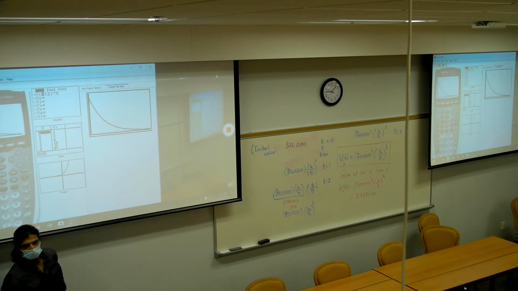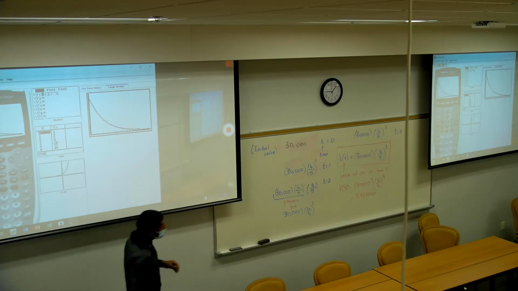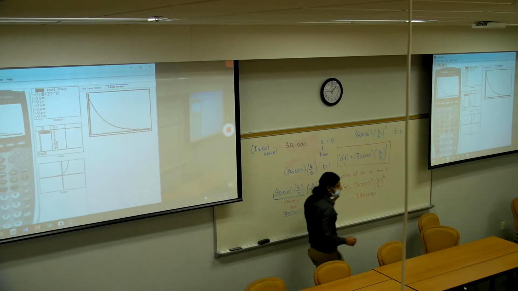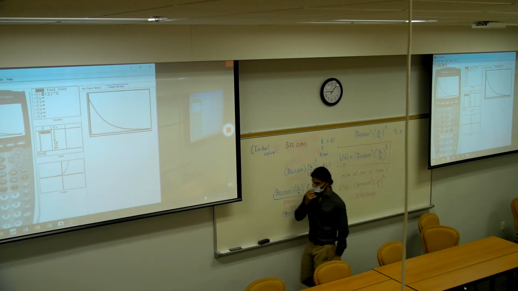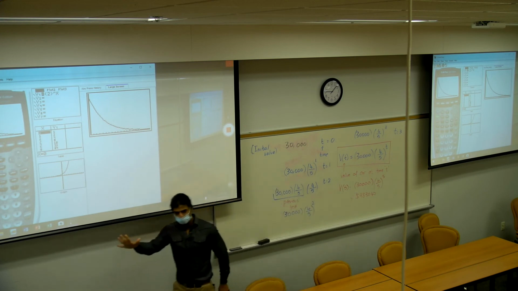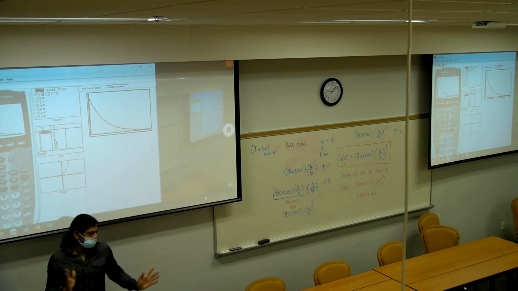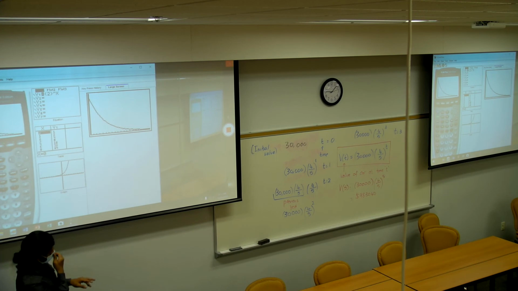It's decreasing, and it looks like it's flattening out. So it is getting closer and closer to 0, but mathematically, would it ever become 0? No. It can approach 0, but definitely not exactly 0.